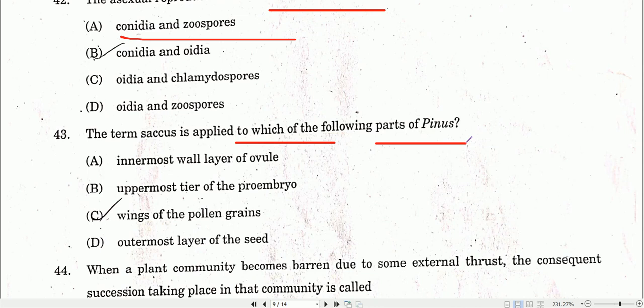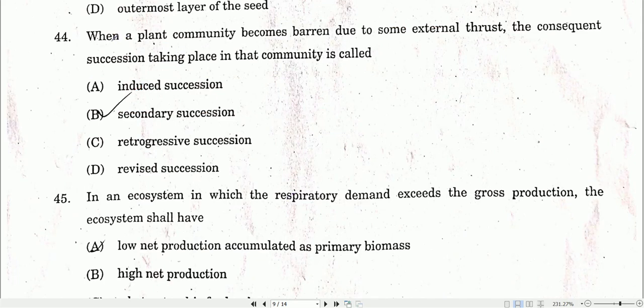That is applied mostly for the wings of the pollen grain. So option C will be the correct one. Coming to question number 44, when a plant community becomes barren due to some external thrust, okay, the consequent succession taking place in that community is called secondary succession. So option B will be the correct one.